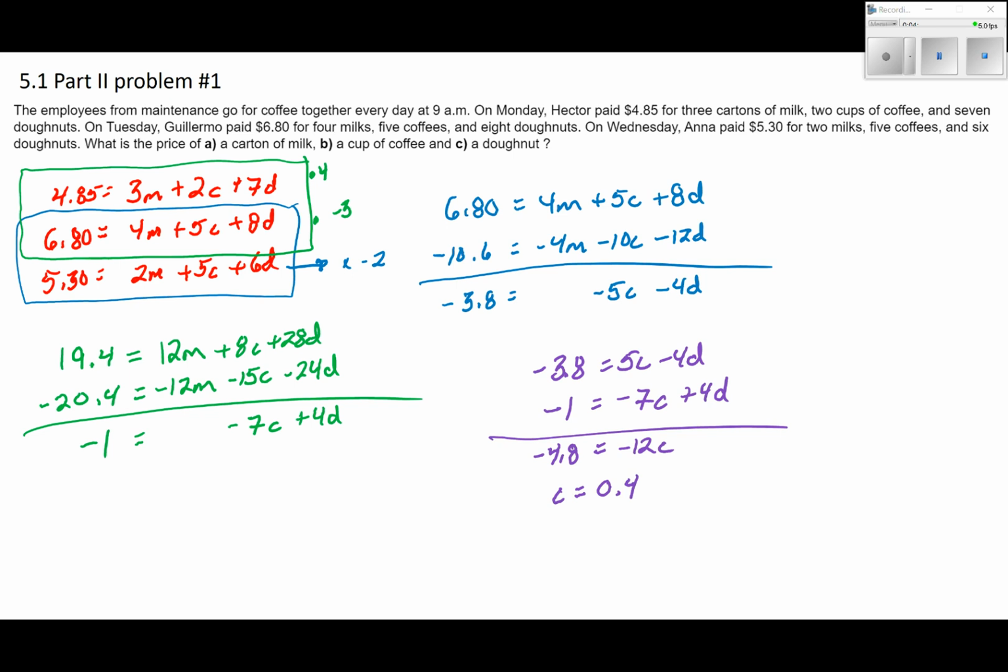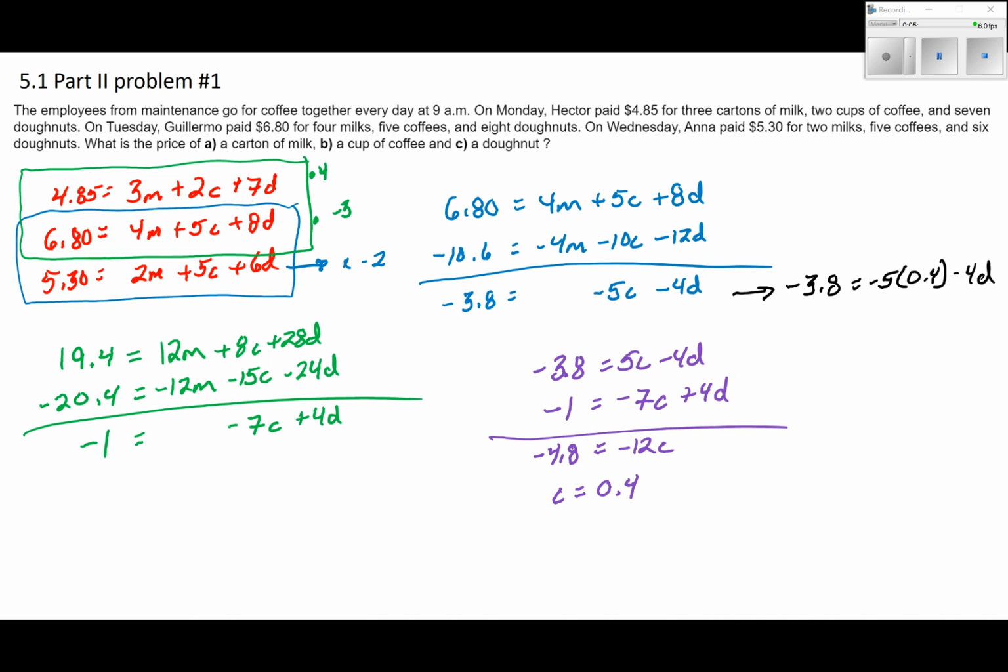I can go into any equation and solve. Well, if I look at this equation, and I know that C is 0.4, so this becomes -3.8 is going to be equal to -5 times 0.4 minus 4D.